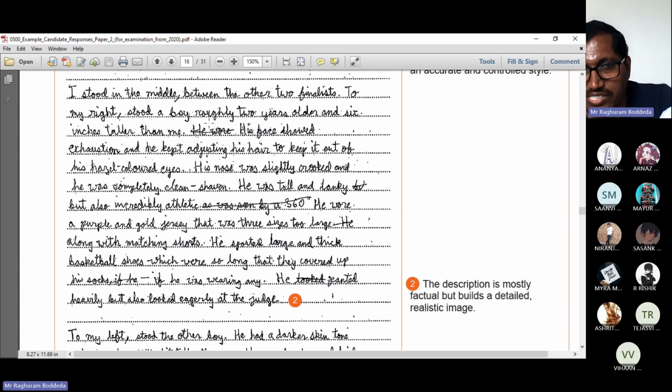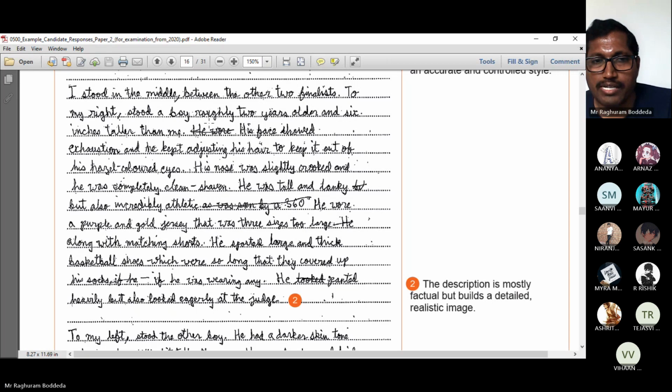So he described his age, his style, his personality, how he looked, how tall he is, and even the color of his eyes. Given the description, there is a natural flow. It's not like we are bringing in something artificial to describe. He described it so naturally.